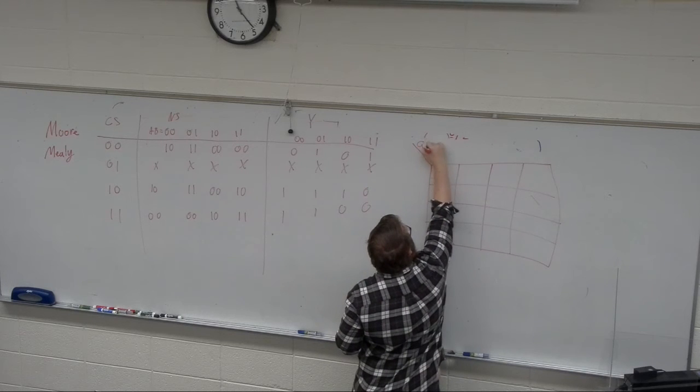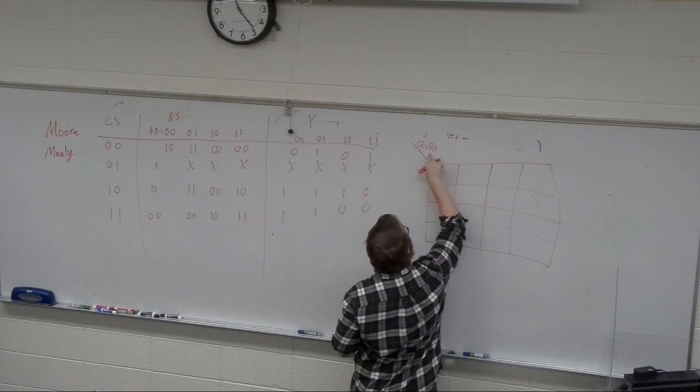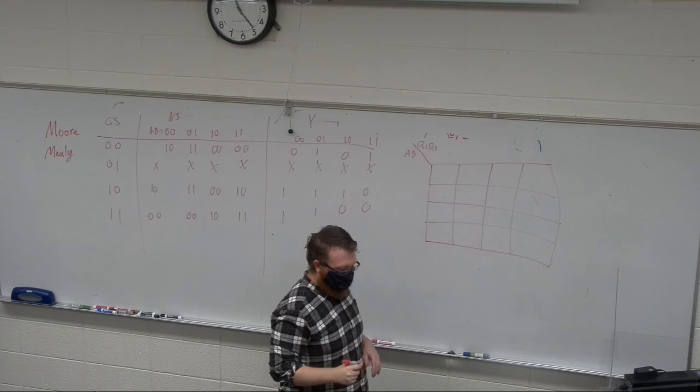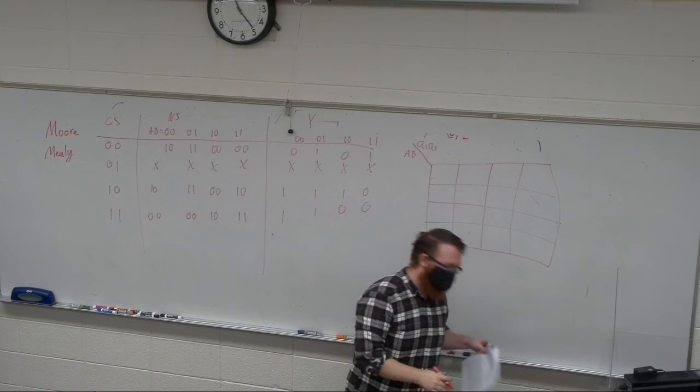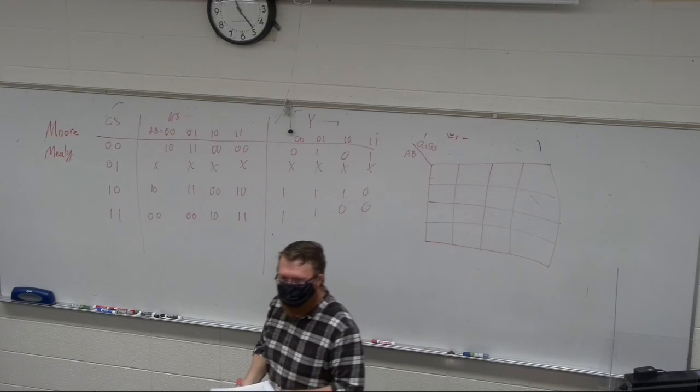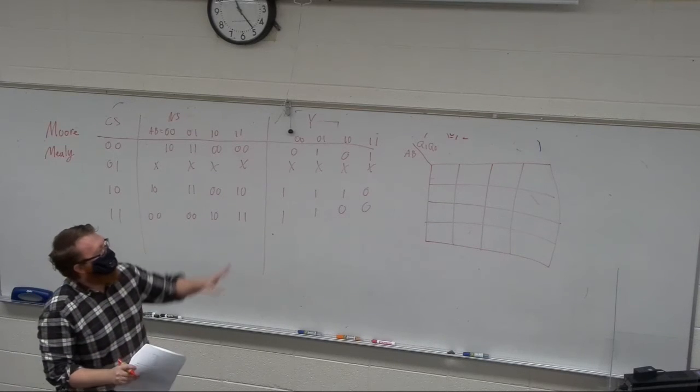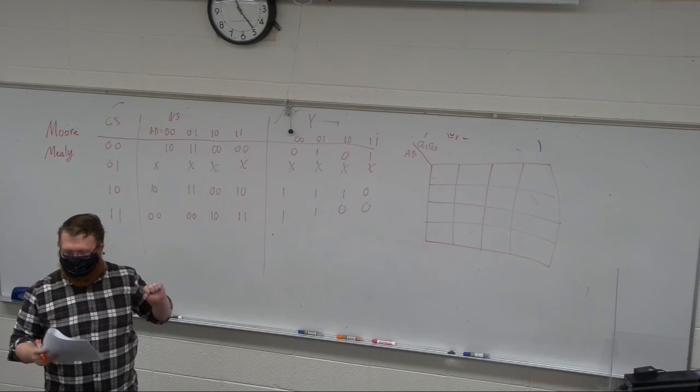So let's say Q1, Q0, that's our current states, and we have A and B. Right? We need a K-map. For the output, we need an output that is determined by all 4 of these variables.